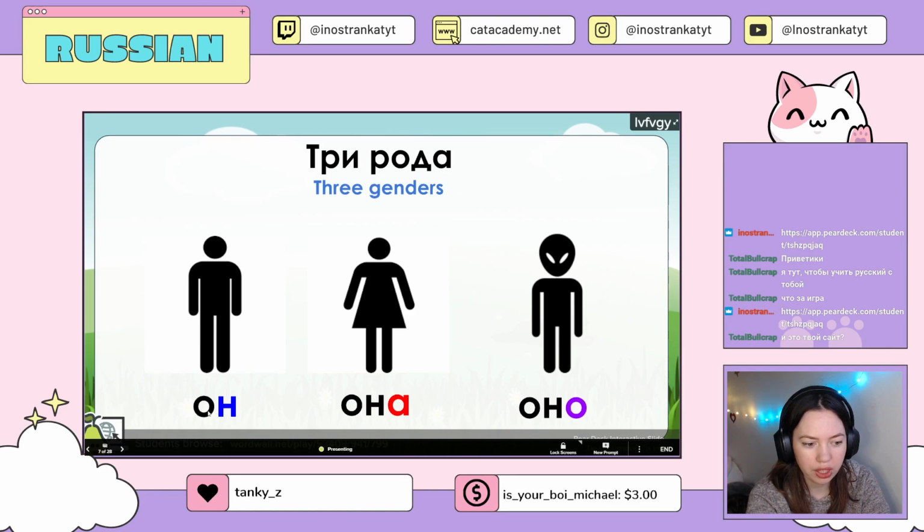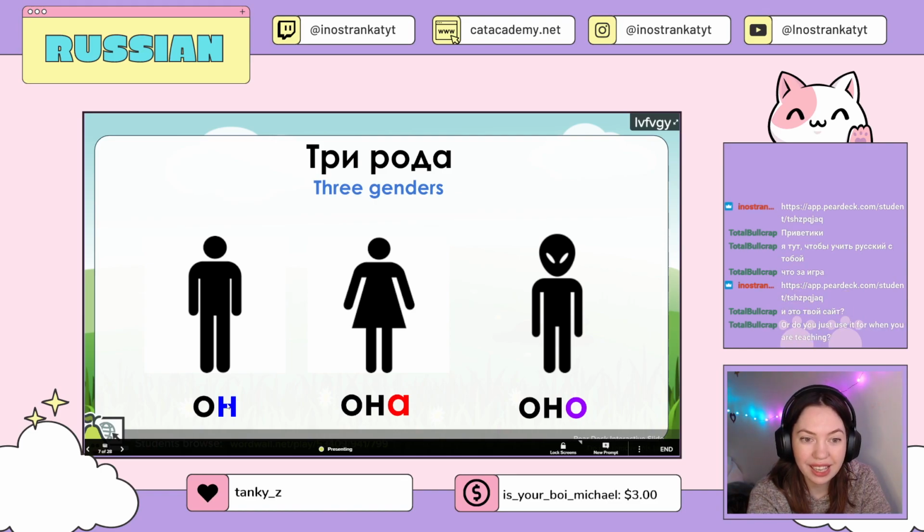It's everywhere the letters O and N. On, a, on, o. So vowels are actually the letters that help us to distinguish each of the genders. So in masculine gender, all of the words that end with a consonant are on, masculine gender.